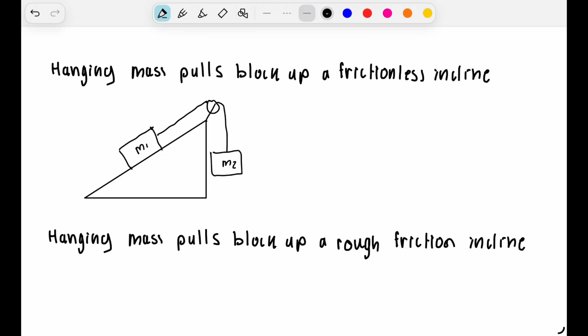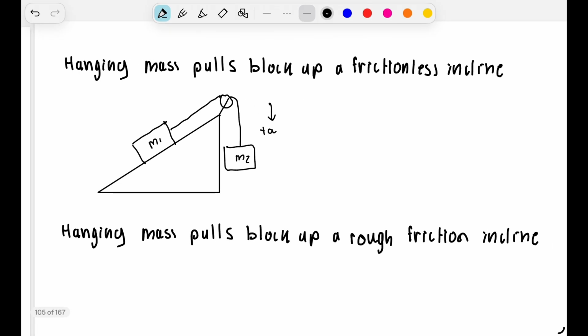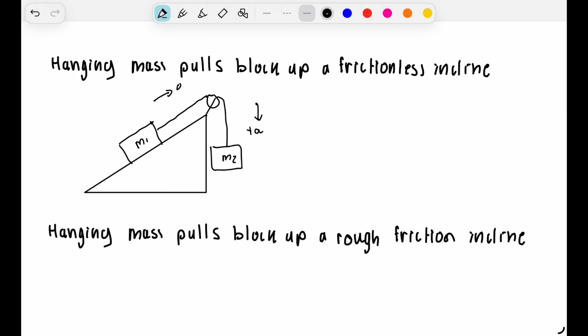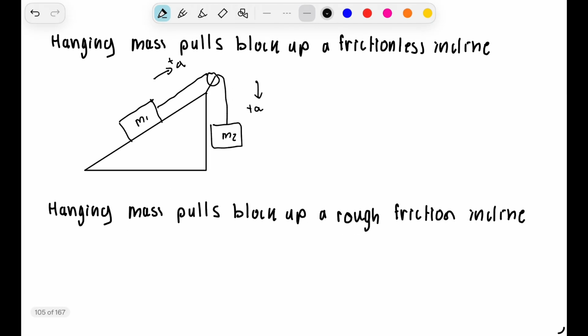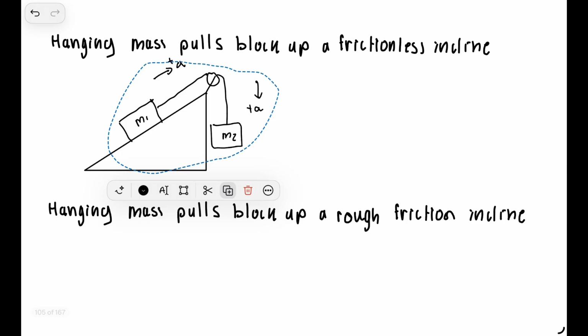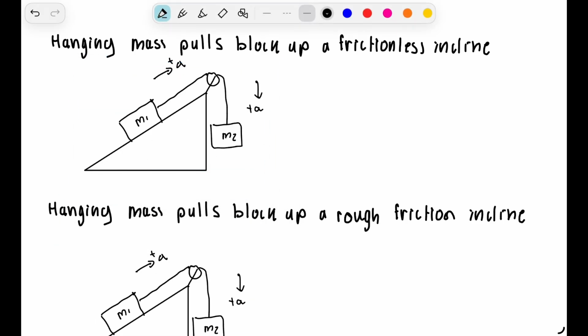So our M2 is going to move in the downward direction, and you're going to pull up here. So for M1, we're going to make upward positive. This is all for M1, by the way. And for M2, we're making downward positive.